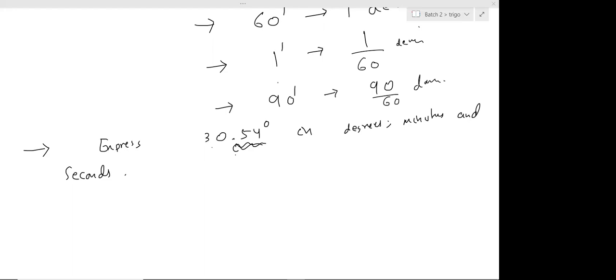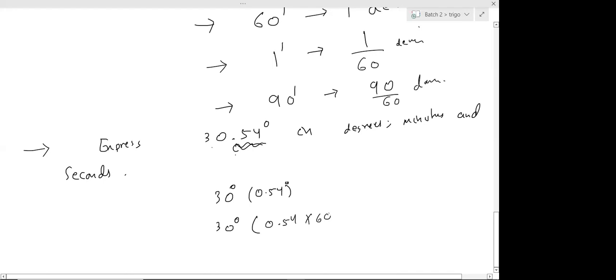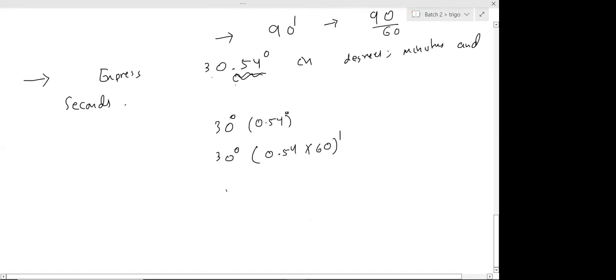Let's see. So this we can write as 30 degrees and 0.54 degrees. If I convert this into minutes, I'll multiply by 60. So 0.54 times 60 is 32.4 minutes.